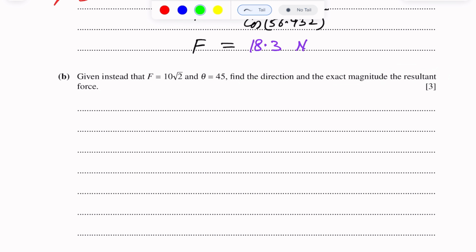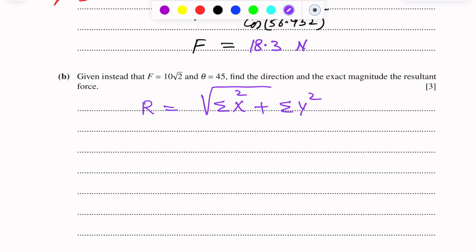So this is the formula to find a resultant. The magnitude of the resultant will be the square root of the square of the sum of x forces plus the square of the sum of y forces.